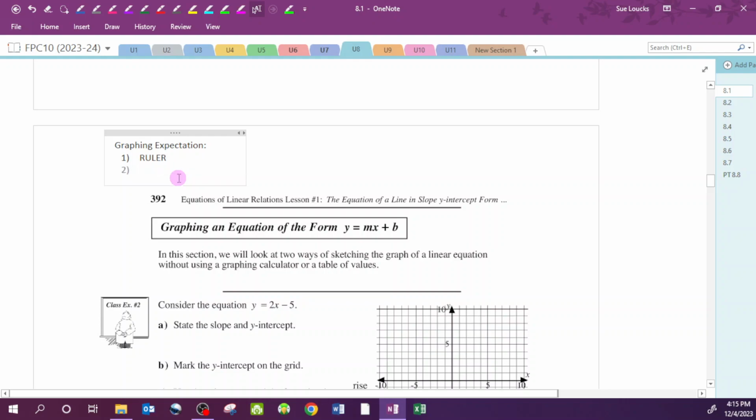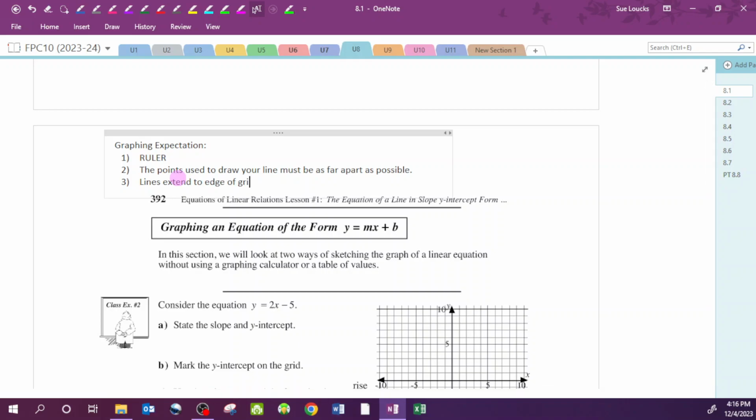You must use a ruler. 2, the points used to draw your line must be as far apart as possible. All right, and I'll show you something about that in just a second. And the third rule is lines extend to the edge of the grid that you're given to show they continue forever.